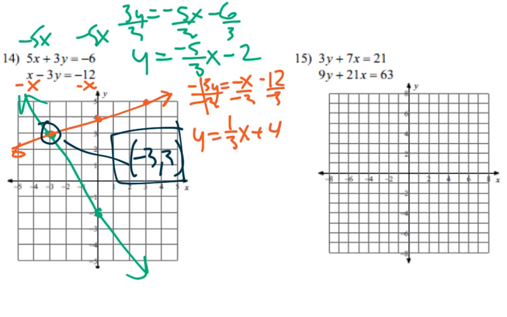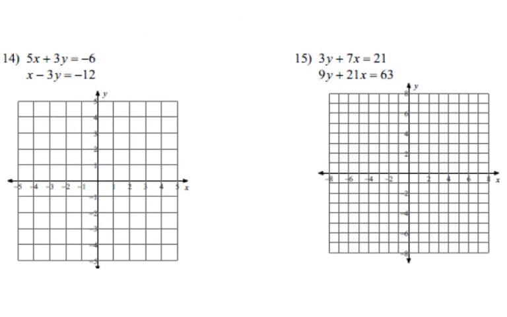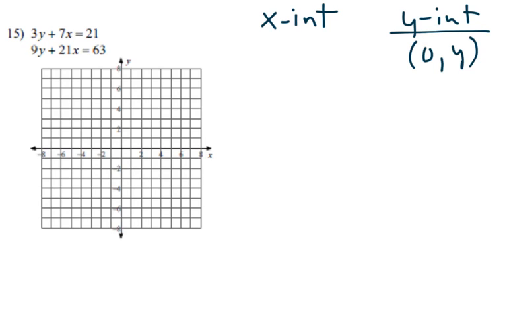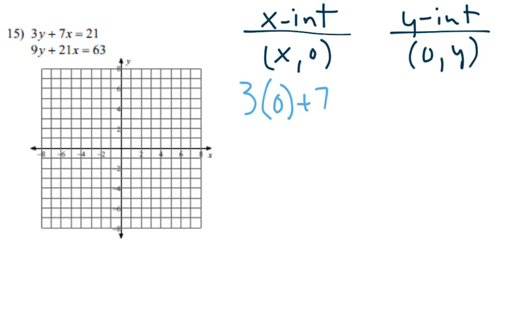Now, on number 15, I'm going to show you guys the other way we can graph a standard form, and that's finding the x and y intercept, because the x and y intercept are always going to be 0 and then the y value, or the x value 0. I can use my equation and plug in 0 for y, keep the x, and solve for x, because 3 times 0 is 0, 0 plus 7x is just 7x.